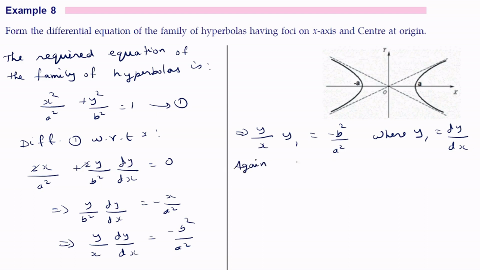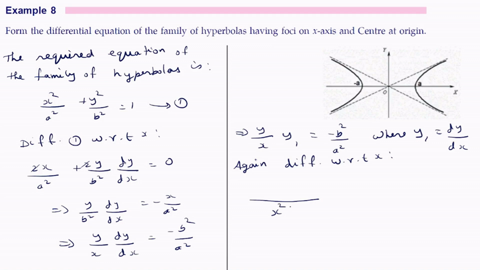Again differentiating with respect to x. So here let us differentiate this again. So d square y by dx square, let us write it as y2. So we have to use the quotient rule to differentiate this.